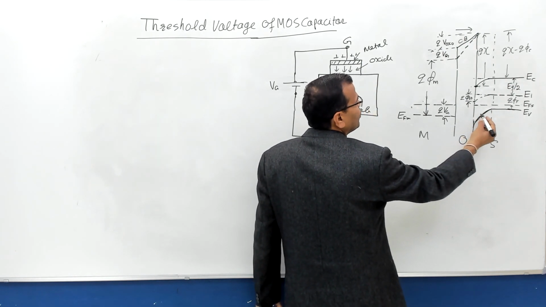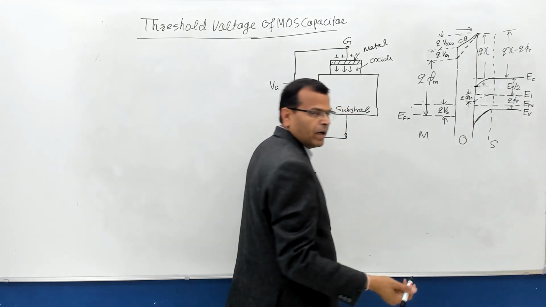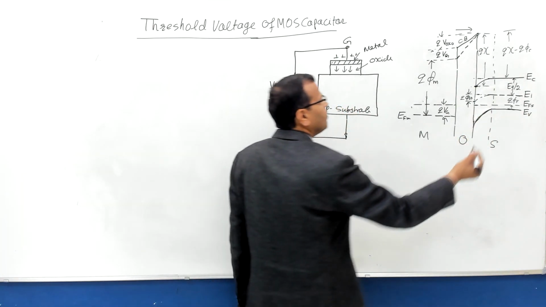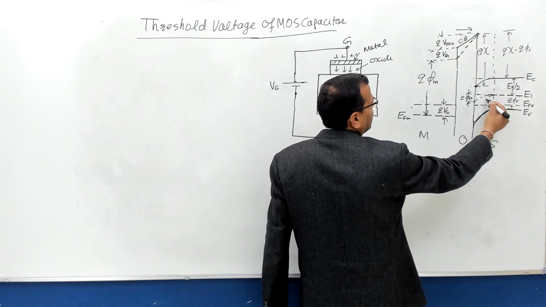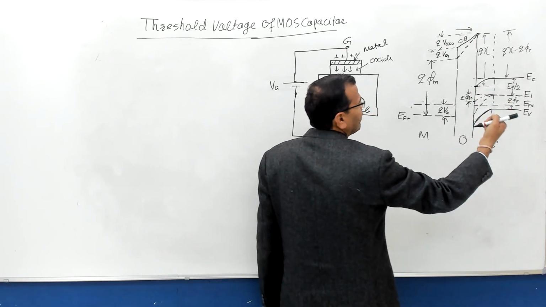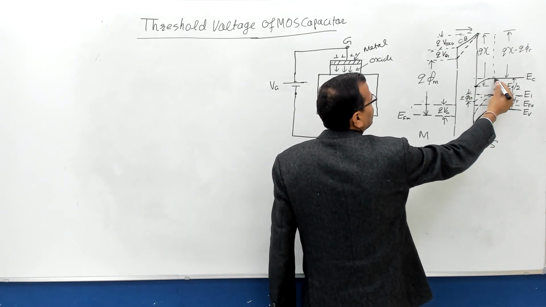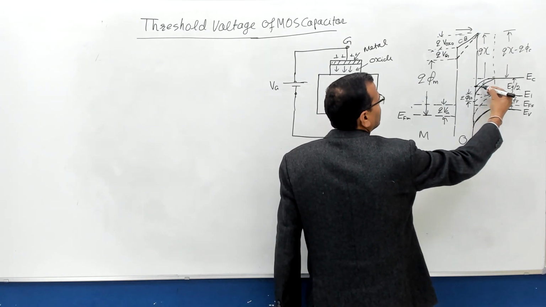When the concentration reduces, it shifts relative to the Fermi level, right? And similarly, a similar fall will be observed in the intrinsic level. A similar fall will be observed in the conduction band, maybe like this.